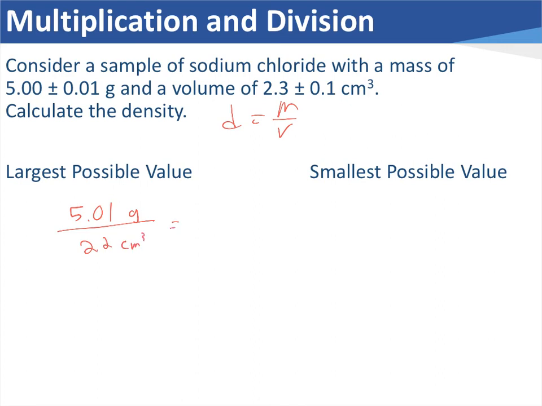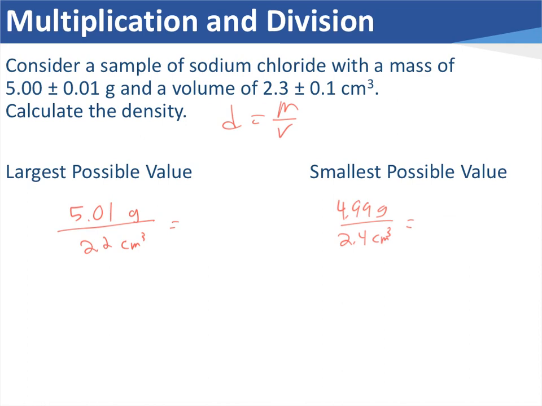The smallest possible value would have a mass of 4.99 grams and a volume of 2.4 centimeters cubed. Do the math on those calculations and then pause the video and consider where we're going with this discussion.